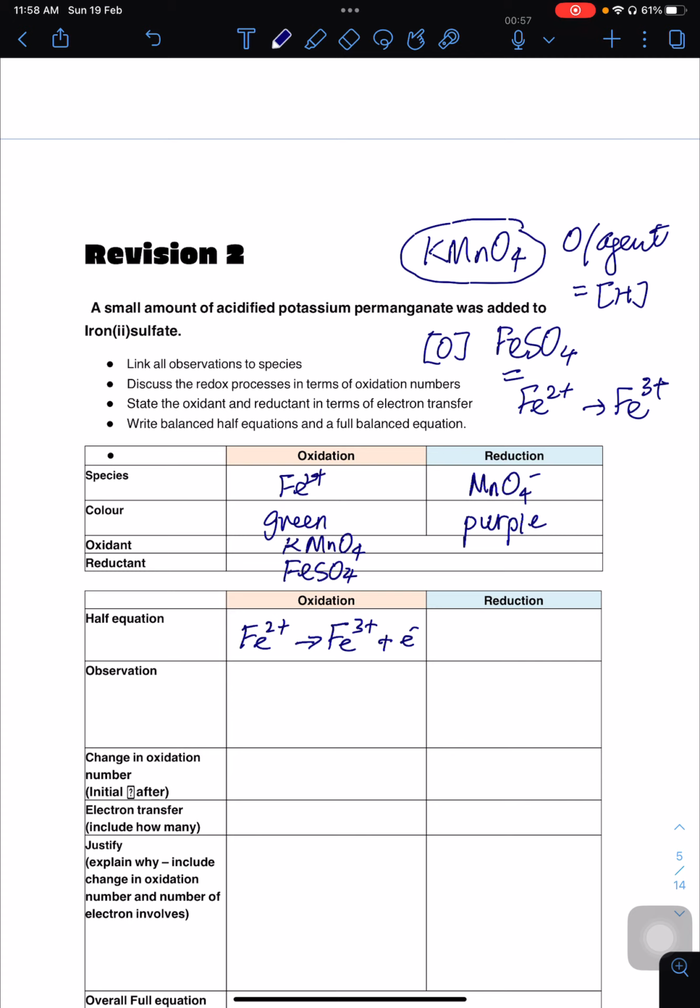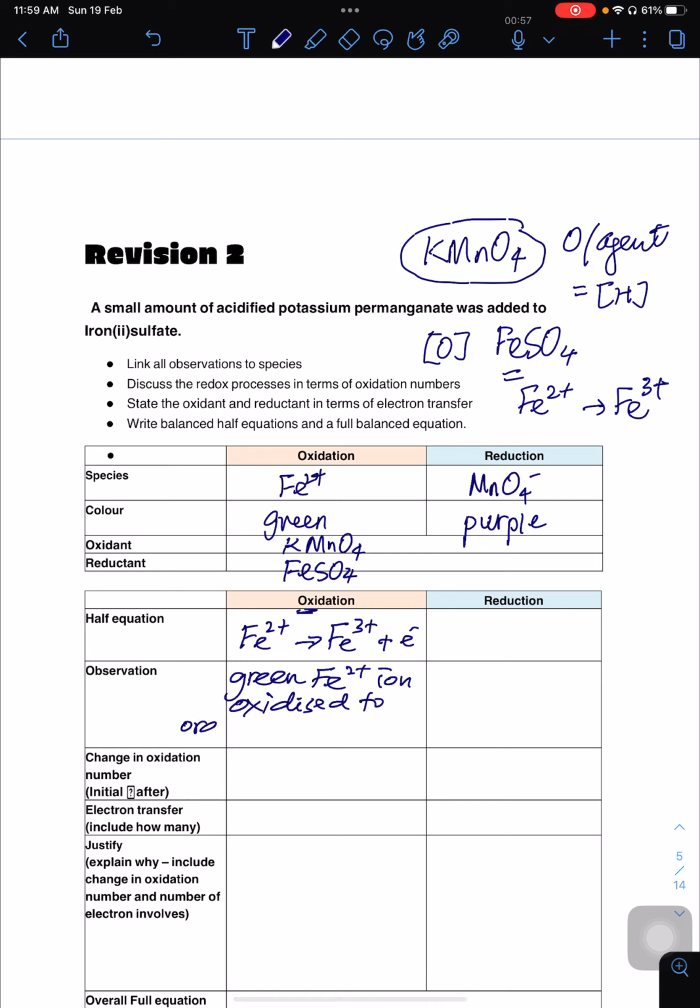So we have iron(II) ion, which is green in color, so your observation will have to be written this way: green iron(II) ion is oxidized. We do know it's oxidation, so oxidized to yellow or orange or even brown depending on the concentration.